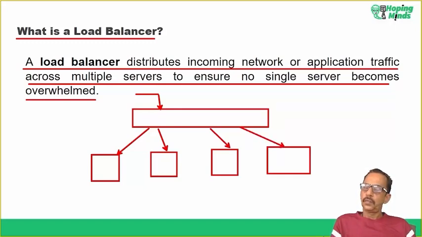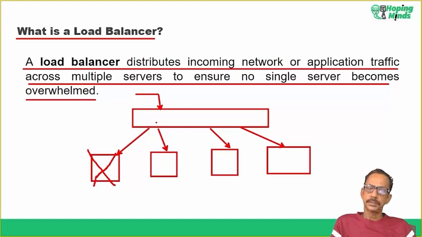Why? First, load balancing, so a single server will not be overwhelmed or overloaded with the incoming requests. Second, failover. How does failover work? If one of the servers goes down in any case, it immediately starts sending the traffic to the remaining servers.